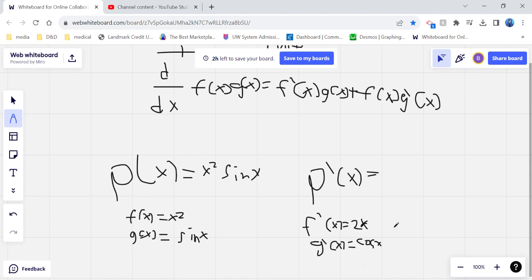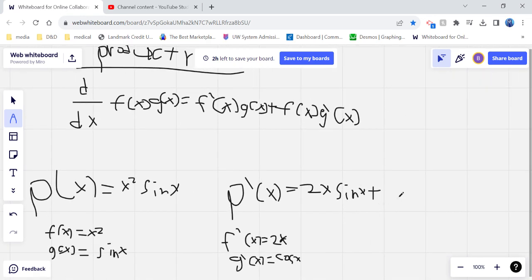And according to the formula, it's f prime of x, 2x, times g of x, sine x, plus f of x, x squared, times cosine x.